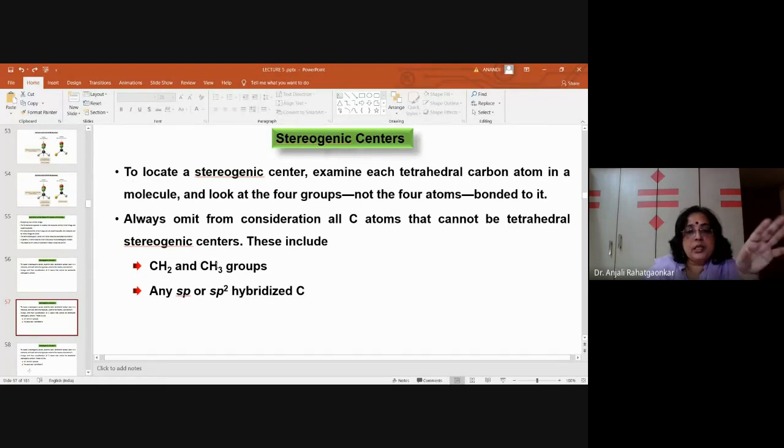CH2 ग्रुप ओमिट करना है, CH3 करना है, और एक चीज मैंने आपको बताई sp हाइब्रिडाइज्ड कार्बन ओमिट करना है, एंड sp2। तो if there is a very big molecule and if such molecules they contain this type of connections, CH2 का connection है या CH3 का connection है या sp का connection है या sp2 का connection है, तो आप ऐसे कार्बन को immediately omit कर दो, वो स्टीरियोजेनिक सेंटर्स हो ही नहीं सकते। ऑलराइट, तो ऐसे टेट्राहेड्रल कार्बन्स आप सिलेक्ट करो जो sp3 हाइब्रिडाइज्ड है, और फिर उसकी कनेक्टिविटी विद डिफरेंट एटम्स। अब आप ये भी बोलोगे कि मैडम ये CH2 है, नो, again the next point, look for the 4 different atoms, that is the connectivity is also equally important.